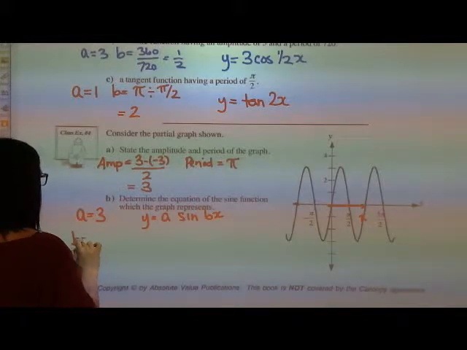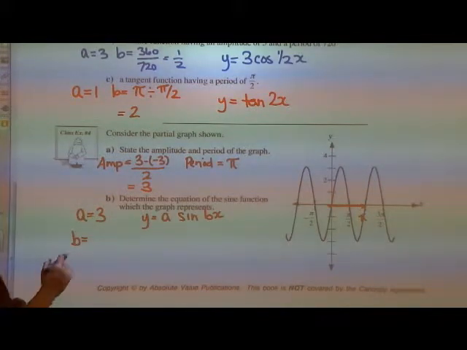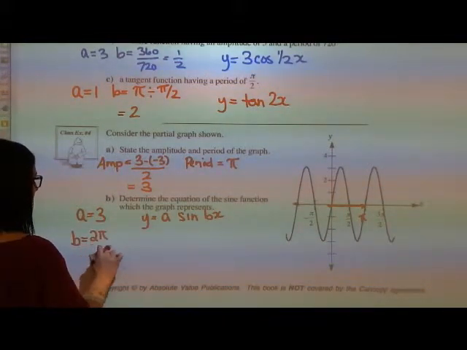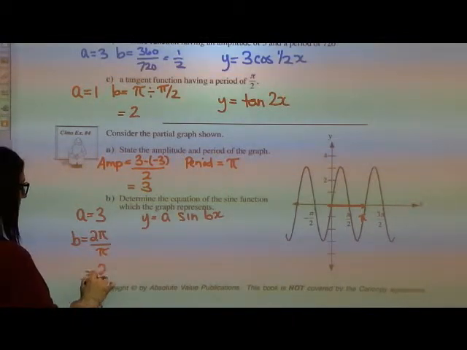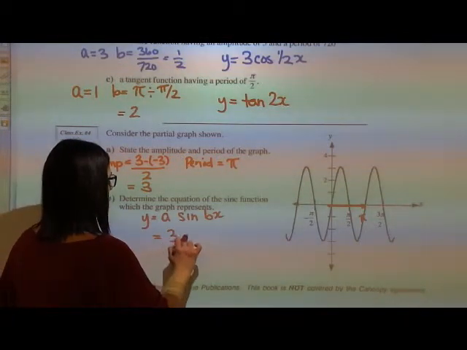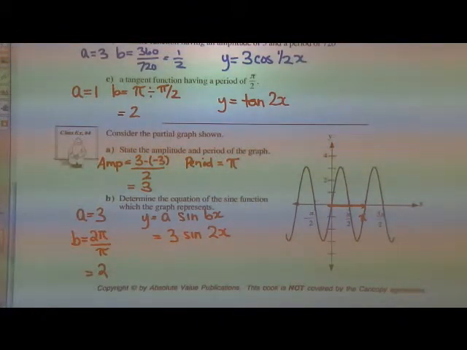And what's the value of b? 2. 2 pi divided by pi. So then this equation would be 3 sine 2x.